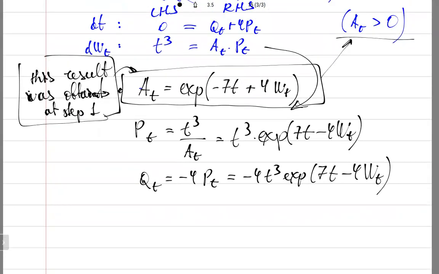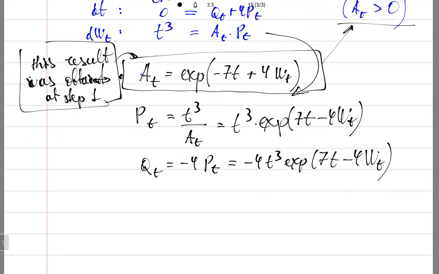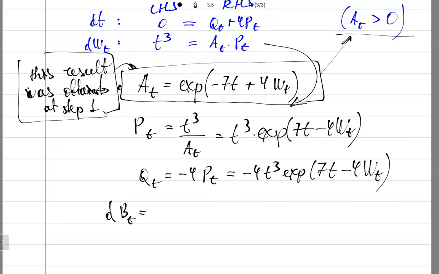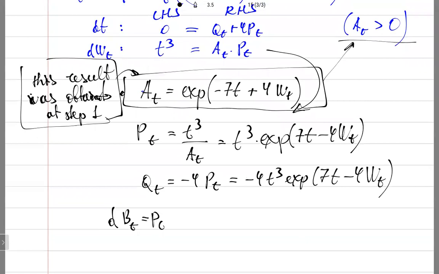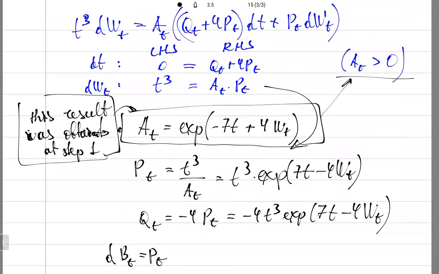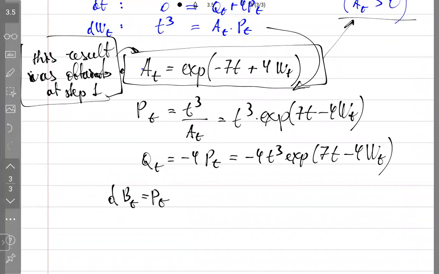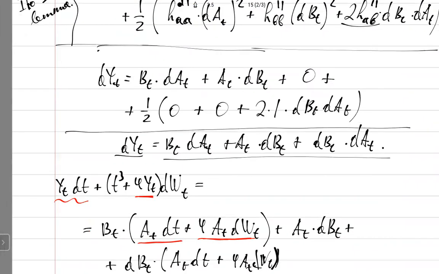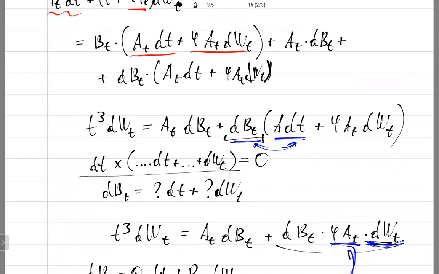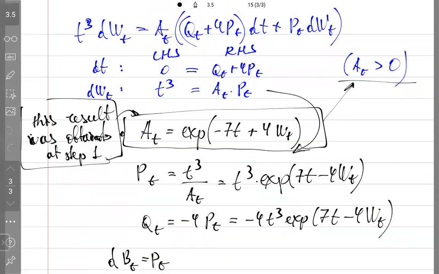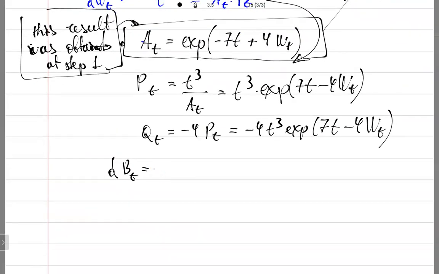Okay, so basically we know that dBt is Pt dt. Yeah, it was Pt. I don't remember what it was. It was Qt dt plus Pt. Qt before dt, and Pt before dWt.